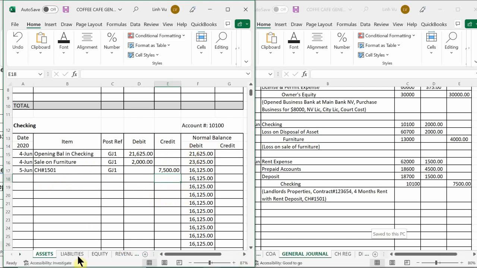So by typing in $7,500, that should automatically help you calculate right here that now I went from $23,625 down to $16,125, right? I take my 23,000 minus the 7,000 and I get my answer to be 16,000.